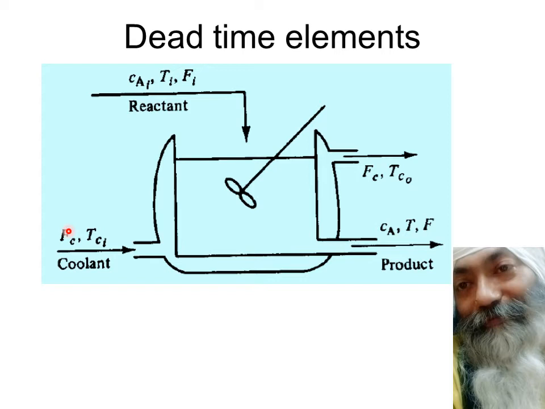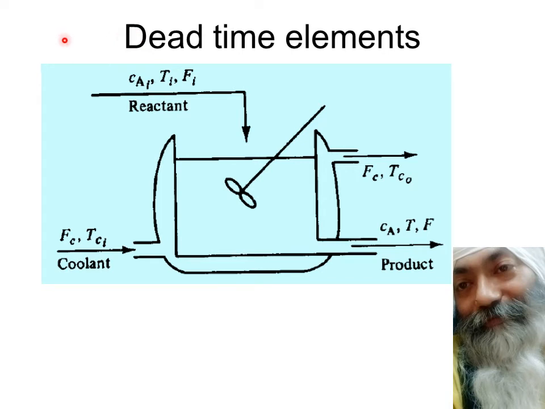Now, what are those few seconds? Why are those few seconds? And how to overcome the issues that may crop up with those few seconds is a whole study of what we see in terms of dead time elements.